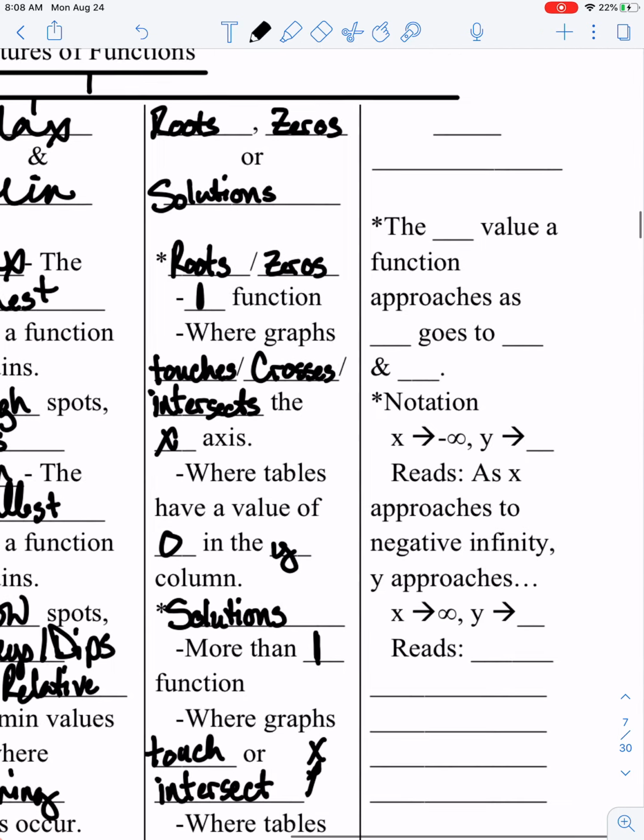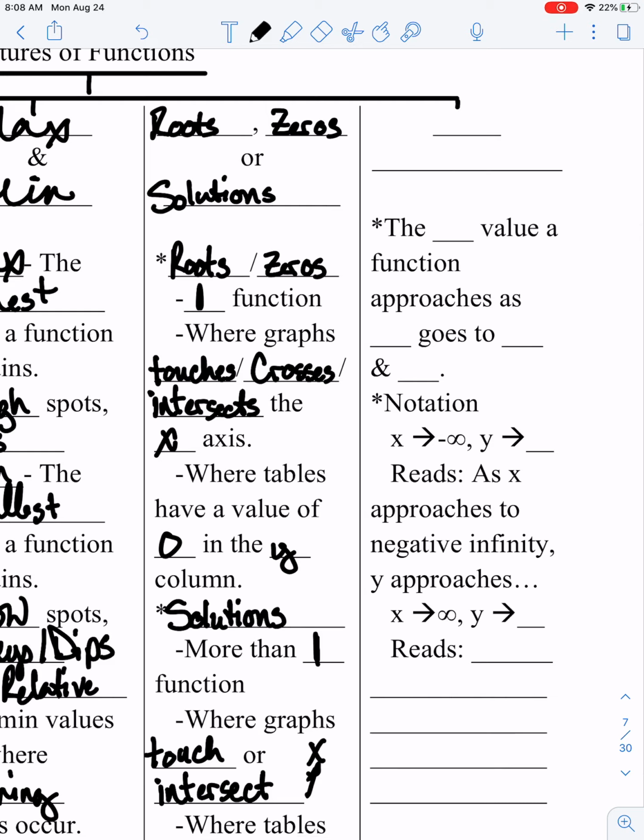And then last but not least is end behavior. So we see this again in Math 3. It is always what the y value of the function approaches as x goes to positive infinity and negative infinity.